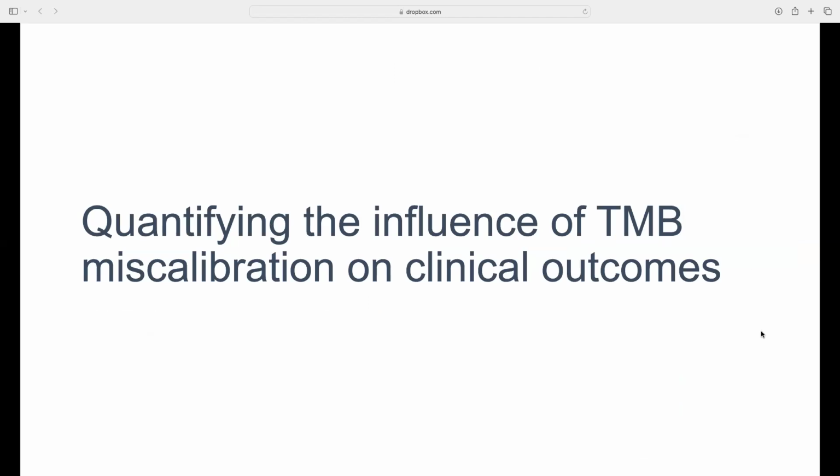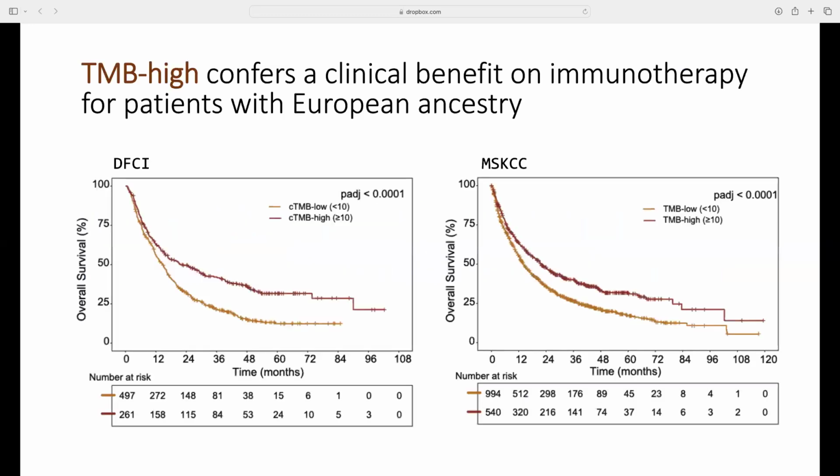And then the final question that we had is, in addition to these biases in the biomarker itself, do they actually have a consequence for clinical outcomes for these patients? Maybe the estimate is miscalibrated, but it doesn't really end up mattering ultimately in terms of survival. And so the first thing that we did is just, again, confirm the established association in the literature.